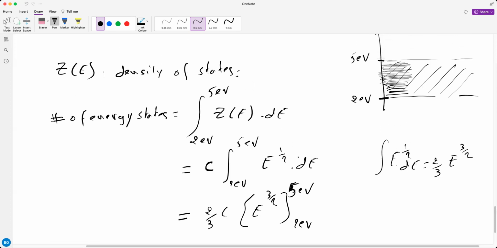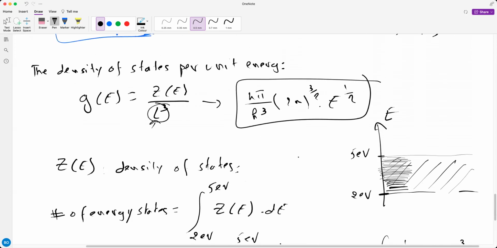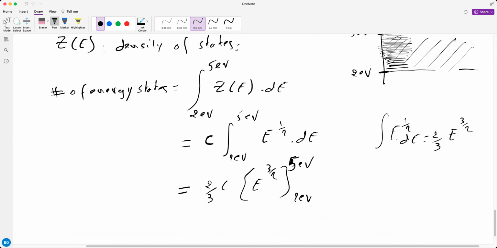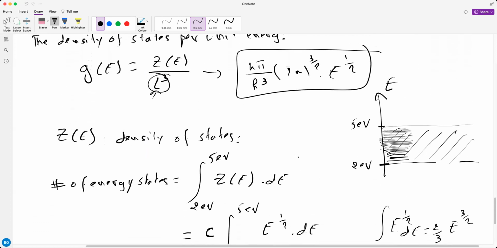I will not do the calculation for the moment because we will talk about how to calculate this. Remember, you have to do some conversion. Because remember, Planck's constant is given in joule second and the energy is given in electron volt here. So you need to convert one of them.